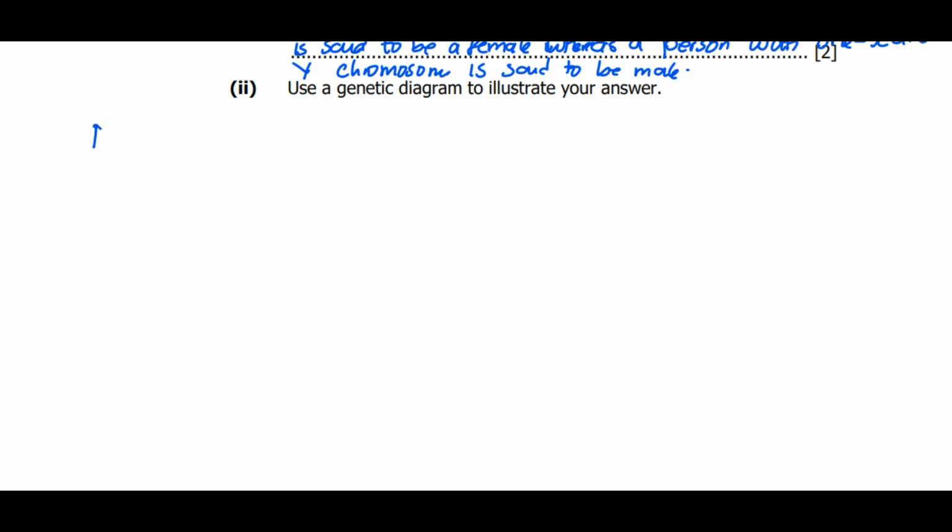So let's say here we have the man. Remember, the man we said must have XY. Then we have a woman here, and here we are going to have XX. Then we'll call this the genotype of the first parental generation.